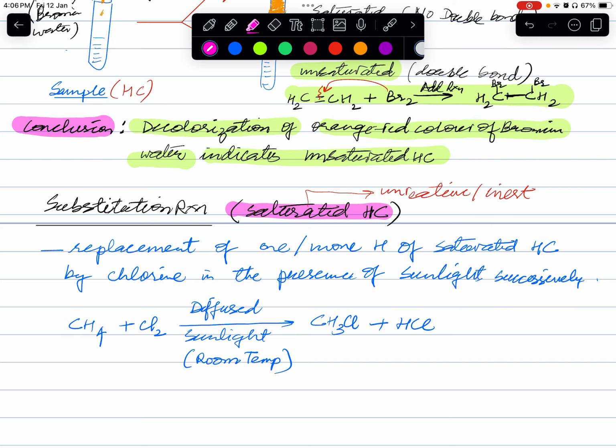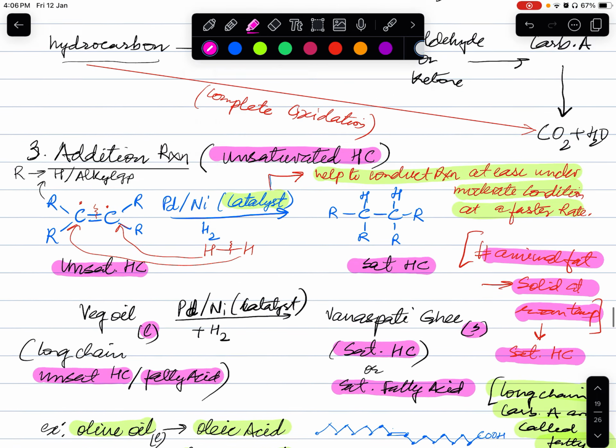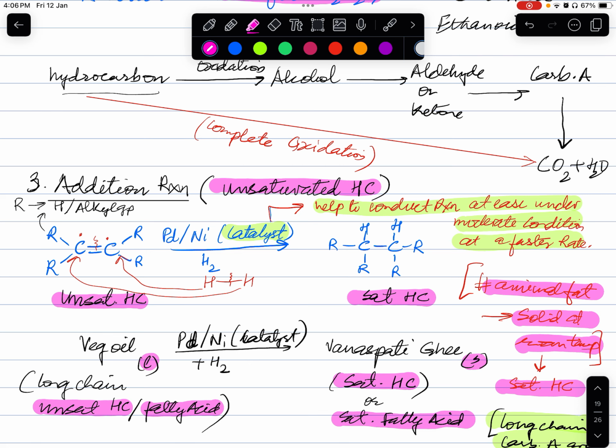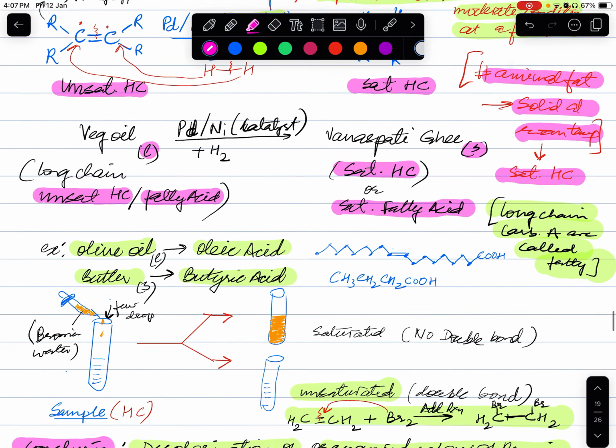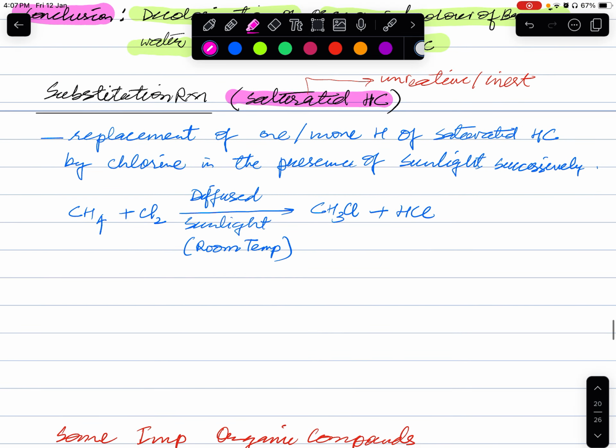Previously, we have done that addition reaction is possible only in case of unsaturated hydrocarbons because they can add more atoms to themselves by breaking a double bond or triple bond. But saturated ones are attached to the maximum number of atoms. Therefore, there is no scope of adding any more atoms.